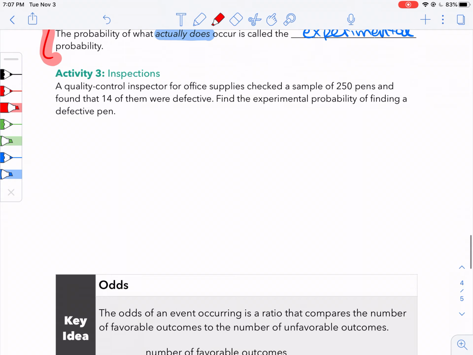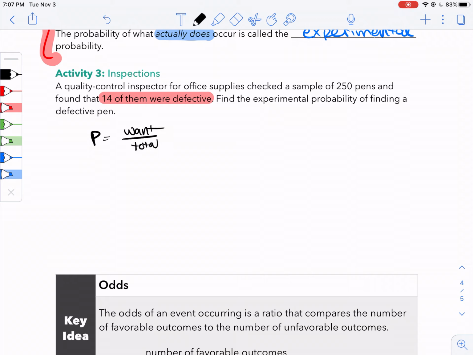Okay. So here we've got a quality control inspector for office supplies checking a sample of 250 pens and found that 14 of them were defective. Oh no. Find the probability of finding a defective pen. Well, again, to find probability, you want what you want over the total.